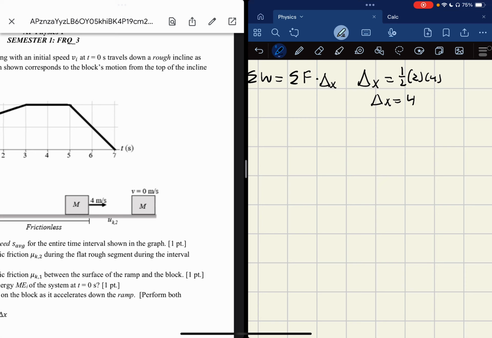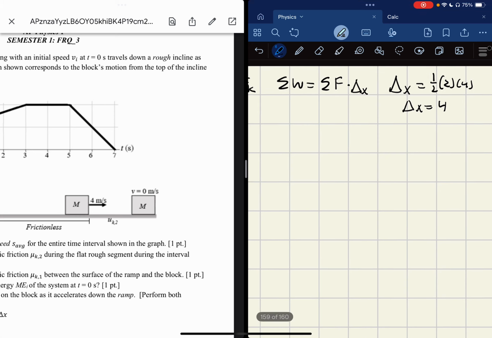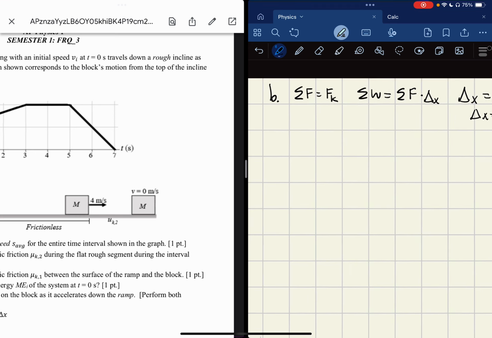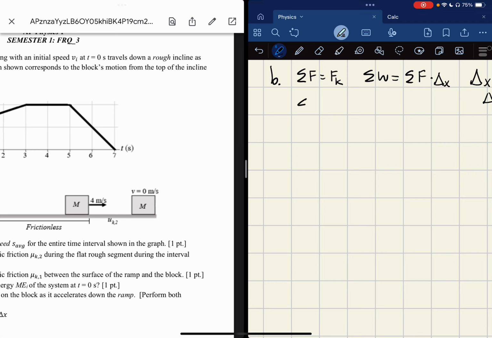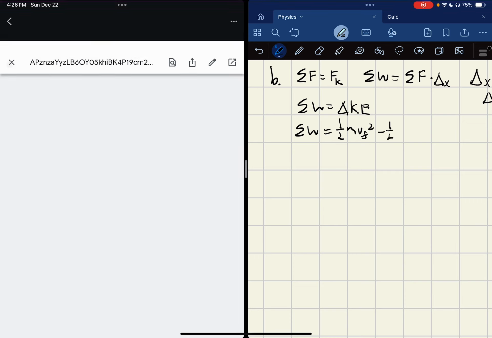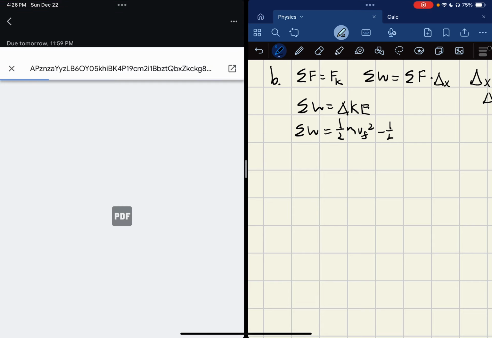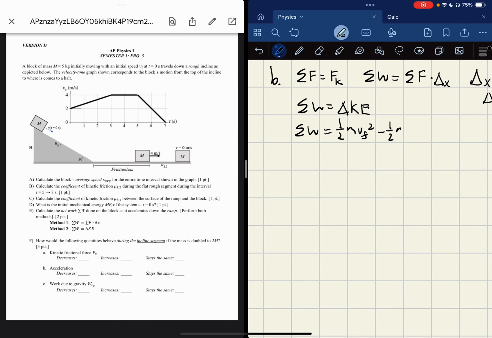And then from here we also know that net work is equal to the change in kinetic energy, which is equal to 1/2 m vf squared minus 1/2 m vi squared.